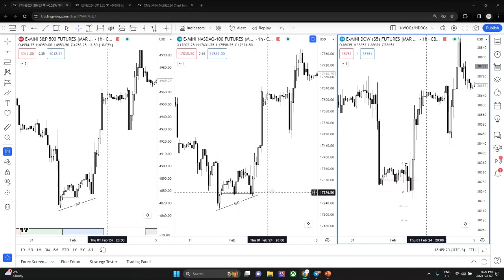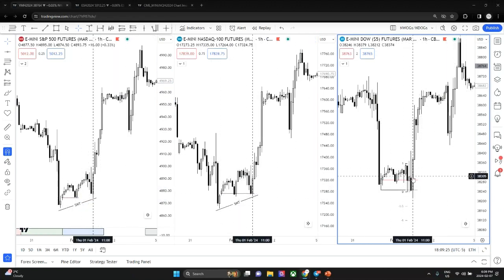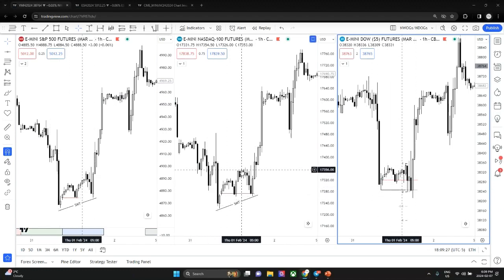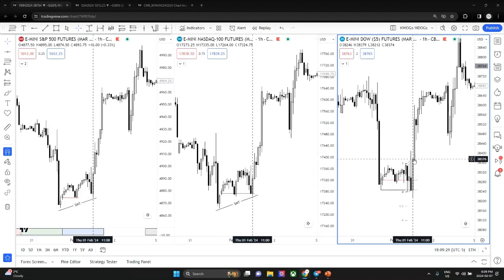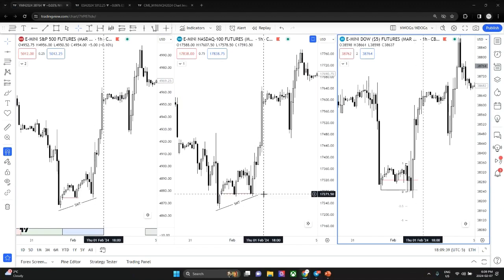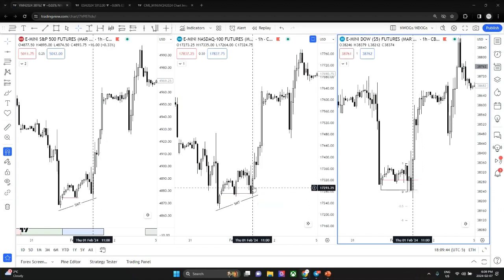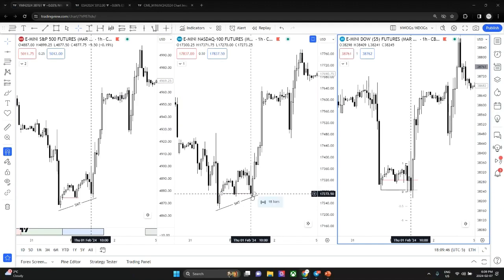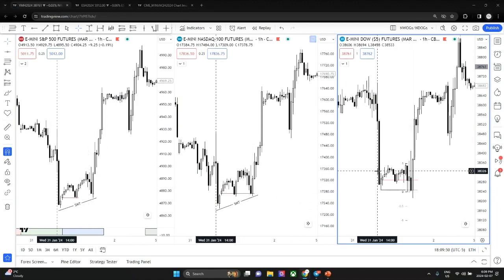These were stronger due to the fact that this took out the low and these couldn't, which showed that this had more buying pressure, I would say. There's no buying pressure in the pricing algorithm, but I'm just saying that for those that are new to understand. More buying pressure within this asset than this one.